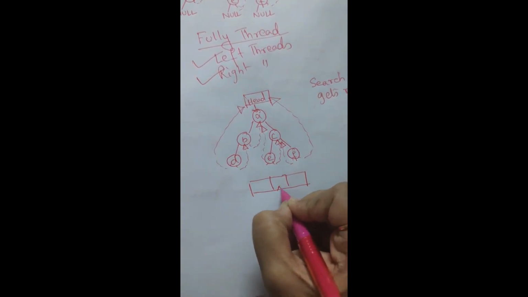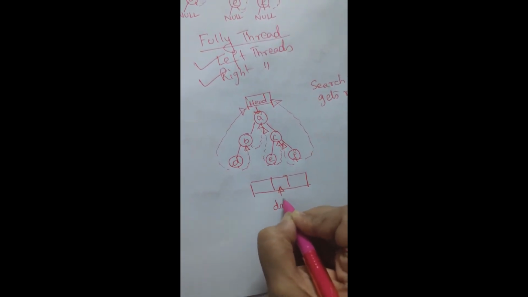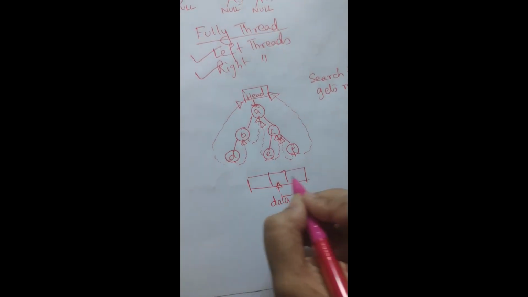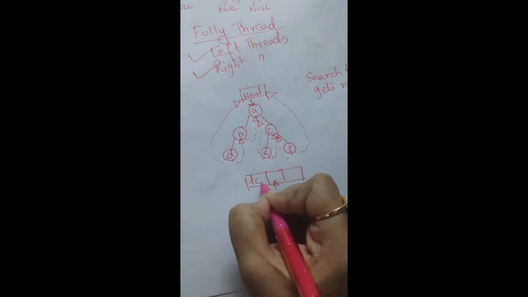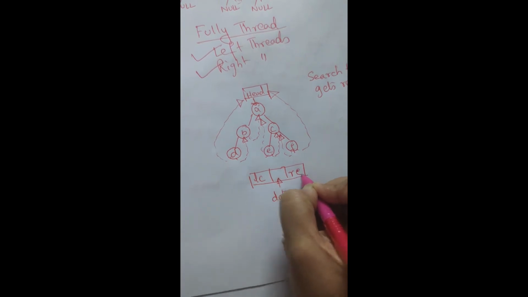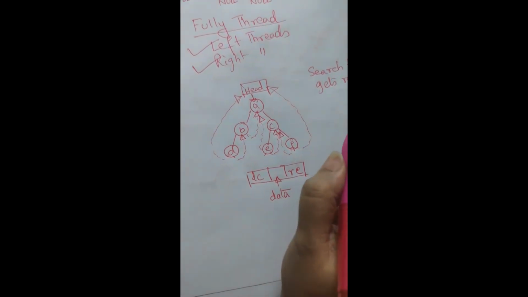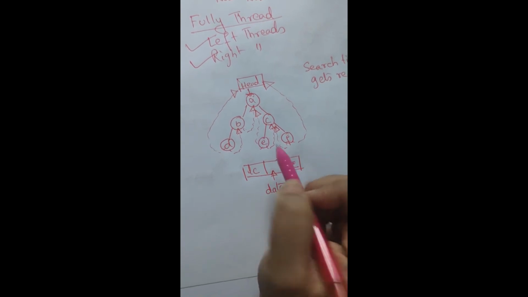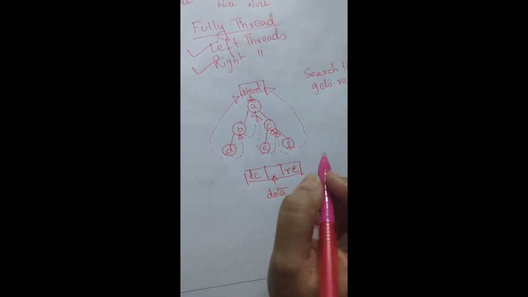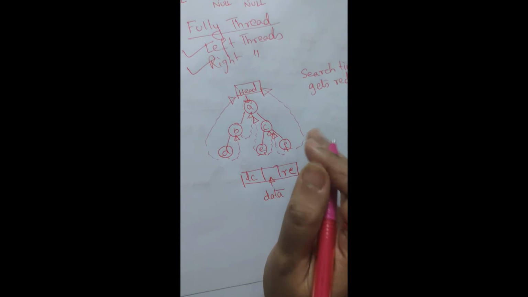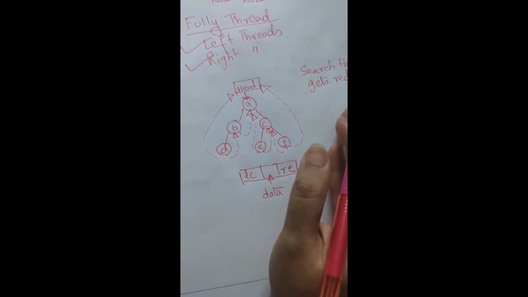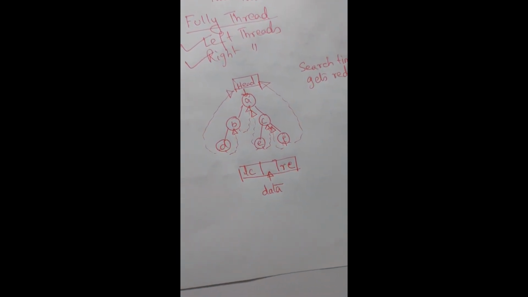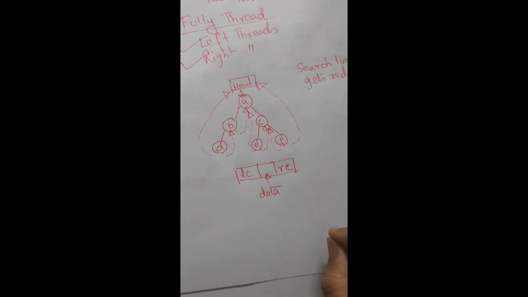I am storing data over here, and the address of the left child and right child over here. So far, if the right child and left child were not present, I was storing null. But now, if the left and right child are not present, I am storing the address of some node or other.